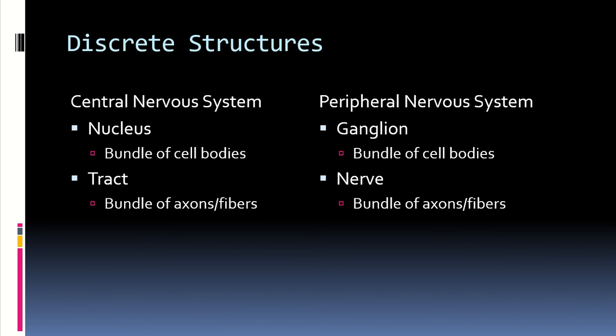And if you're looking at a collection of neuron cell bodies, in the central nervous system that'd be called a nucleus. Whereas in the peripheral nervous system, those collections of cell bodies would be called a ganglion. And as far as bundles of axon extensions, in the central nervous system those would be called tracts, whereas in the peripheral nervous system, they would be called nerves.